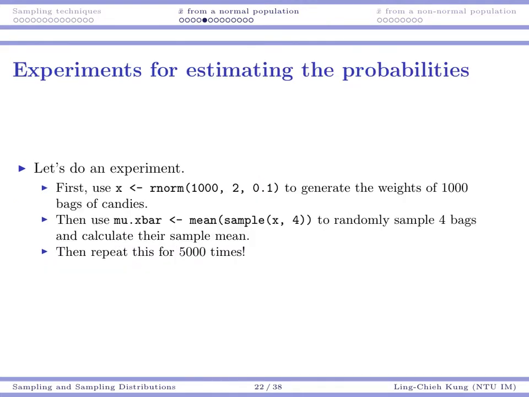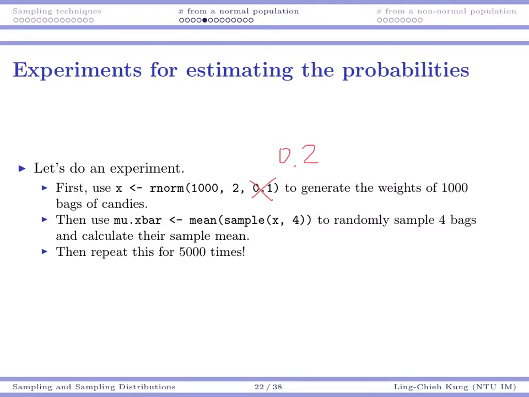I have a way to mathematically calculate those numbers, but now let's do an experiment first. I need to first generate a population. I use this rnorm function to generate 1,000 numbers from a normal distribution with mean 2 and standard deviation 0.2.